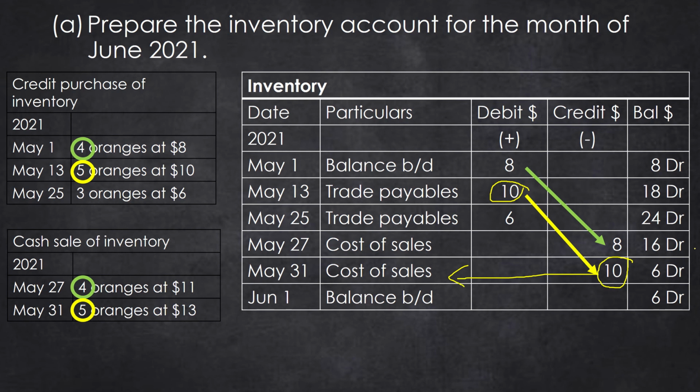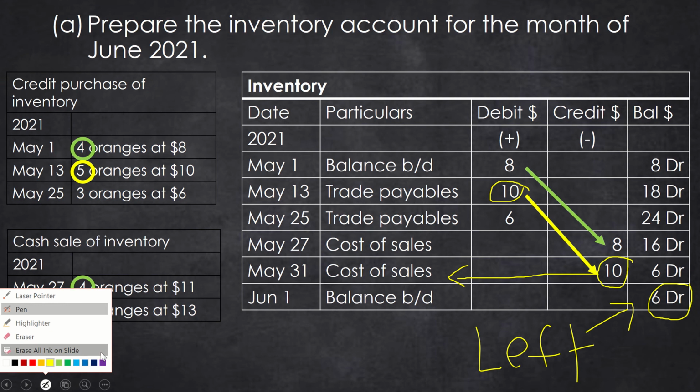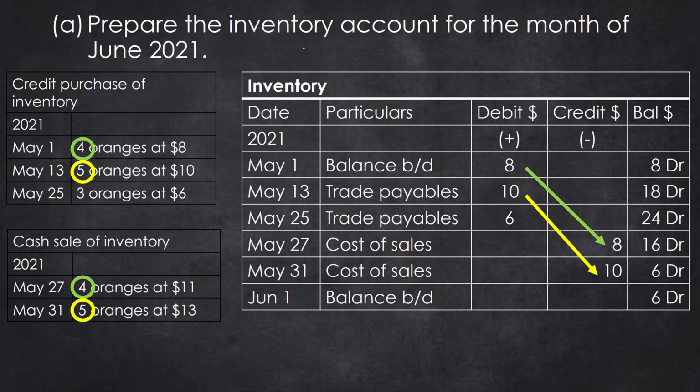So after that, what I do is I calculate my balance brought down, and my balance brought down is $6 debit. Now this $6 debit is the amount of inventory that I have left. And there you go. This is how I prepare my inventory account. Here is my inventory account.